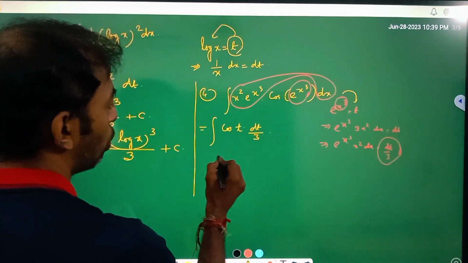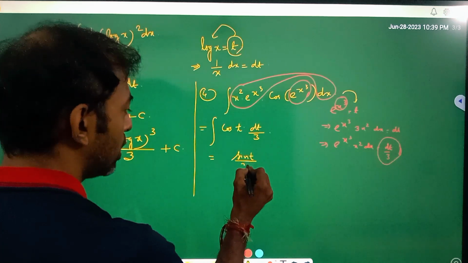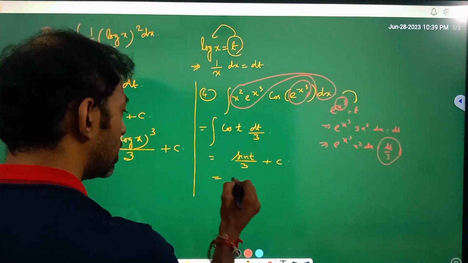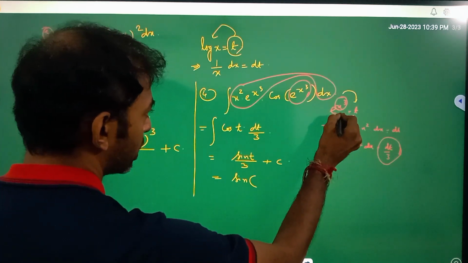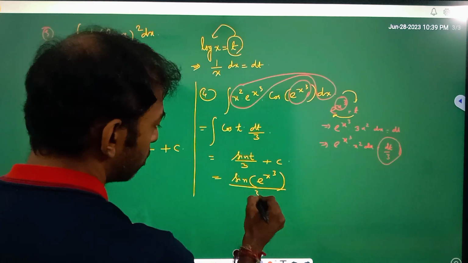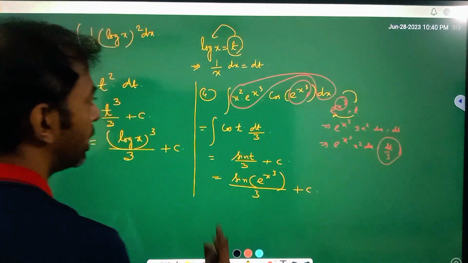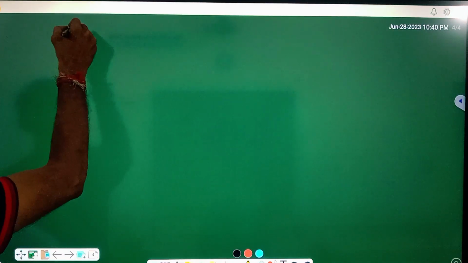And we all know that integration of cos t is sin t total by 3 plus c. Now sin t, t is e to the power x cube, divided by 3 plus c, where c is the integral constant. That's our fourth problem. Now we're moving on to the fifth problem.